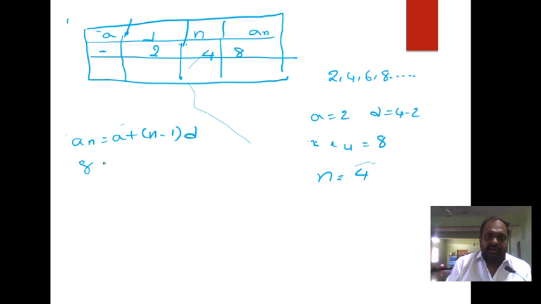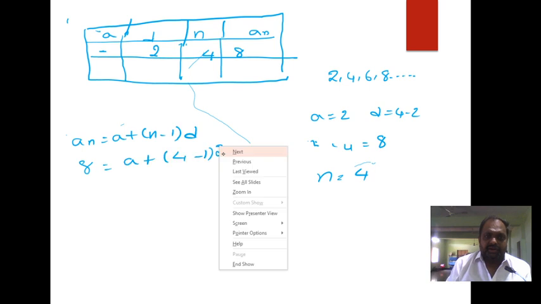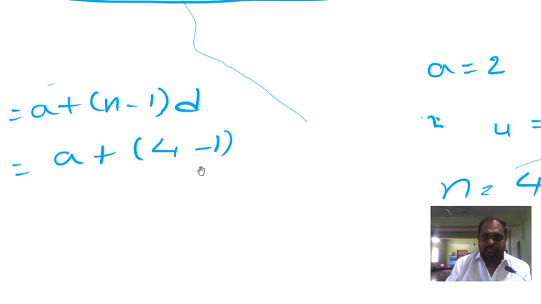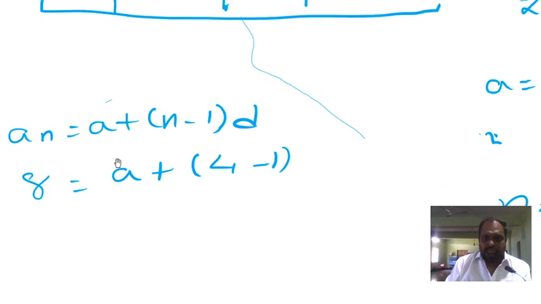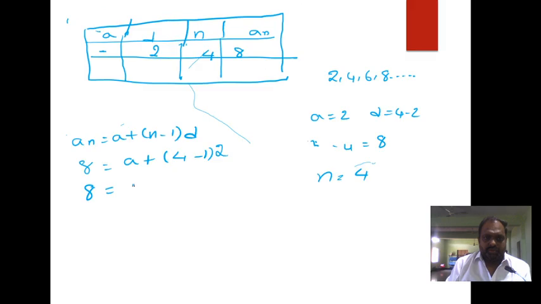What is the value of d? d is also given, 2. 8 is equal to a plus 3 into 2. 8 is equal to a plus 6. a plus 6 is equal to 8. a is equal to 8 minus 6. a is equal to 2.